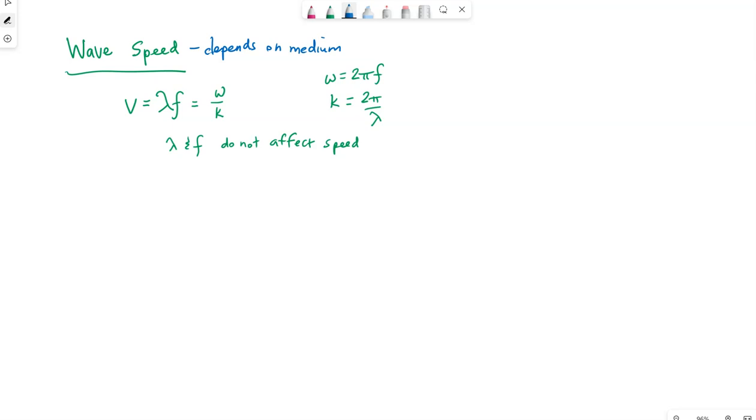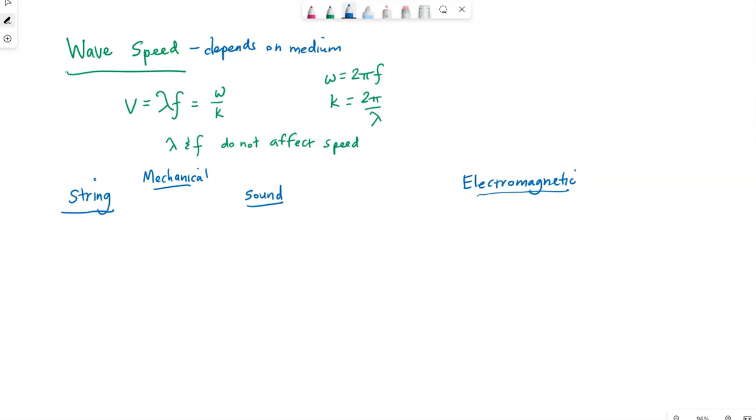As far as our mechanical waves are concerned, right now we're talking about waves on a string and sound waves. These are both mechanical waves in that they require an elastic medium for the wave, that disturbance, to travel through. We are also going to talk about electromagnetic waves and just the fundamentals of the speed right now.